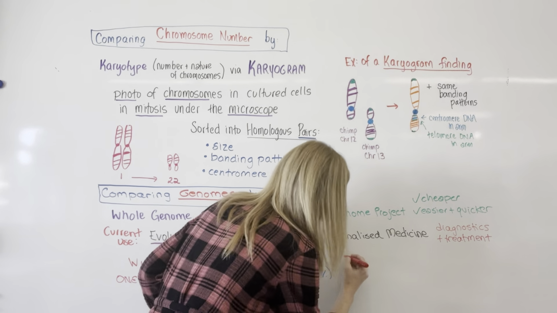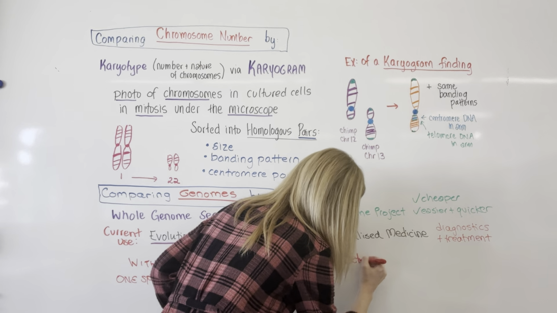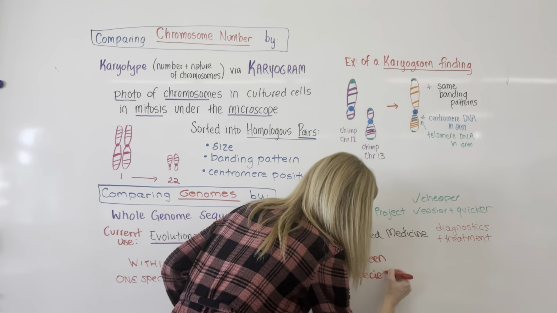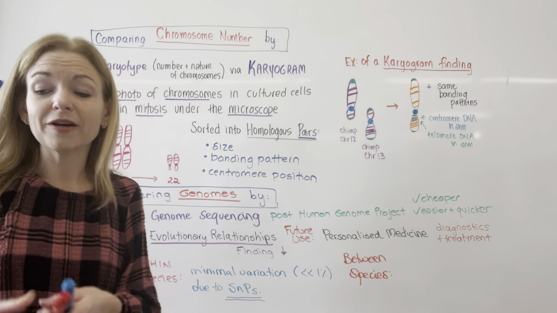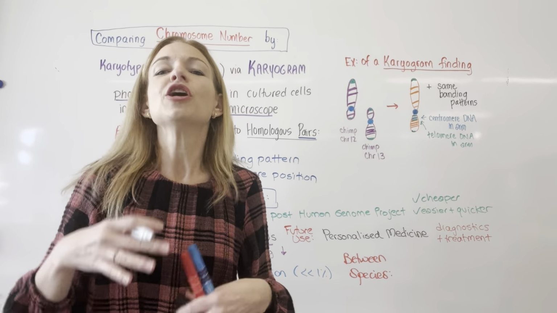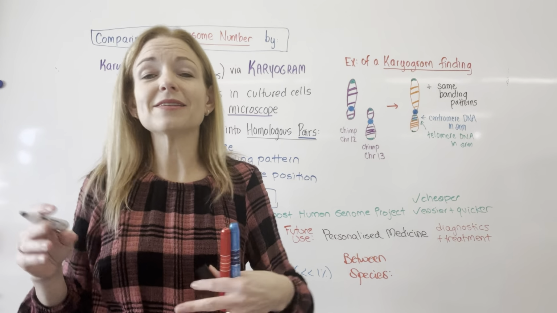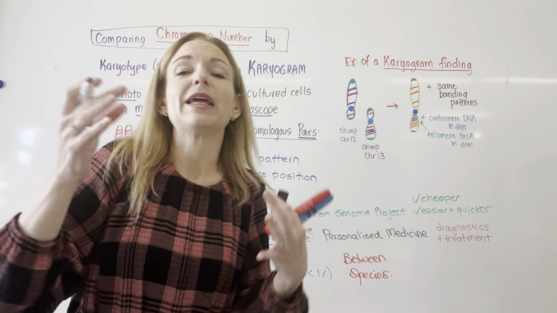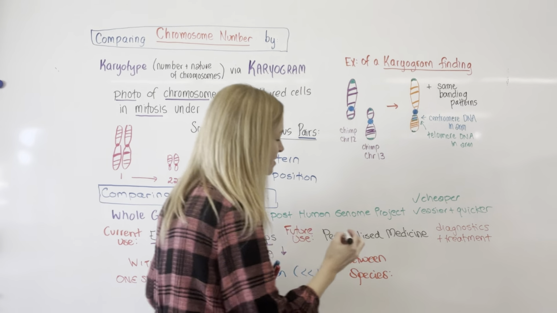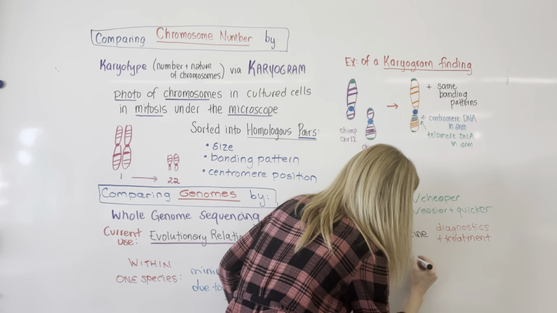If you were to compare between species, which is really what we're talking about, you are going to find two things. First of all, you're going to find way more variation. Even organisms that are closely related, you should find way more than 1%. So you're going to find 2, 3, even between closely linked ones, all the way to 50% and onwards. So first of all, we're going to see more variation.